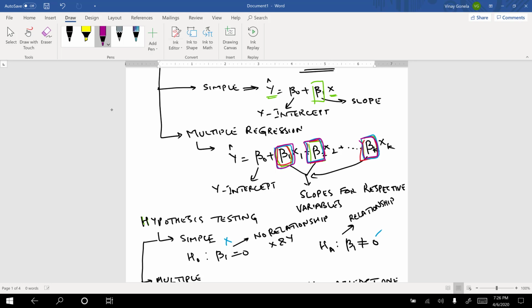Any variable that is insignificant we can throw out. So in the real world, companies might have 10-15 variables, and then they will throw out insignificant variables and only keep the significant variables. That's how they plan.